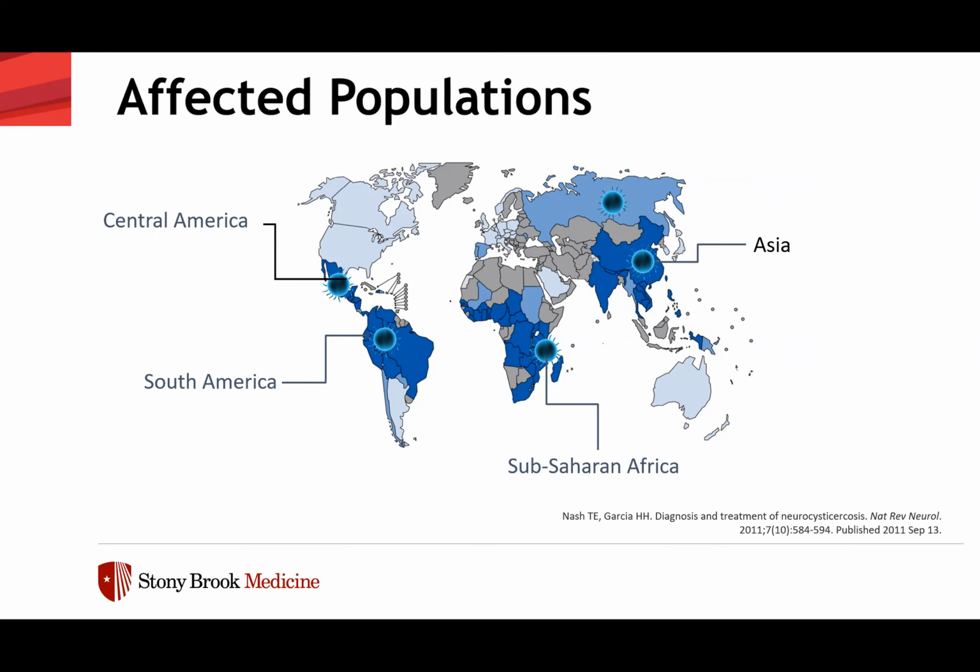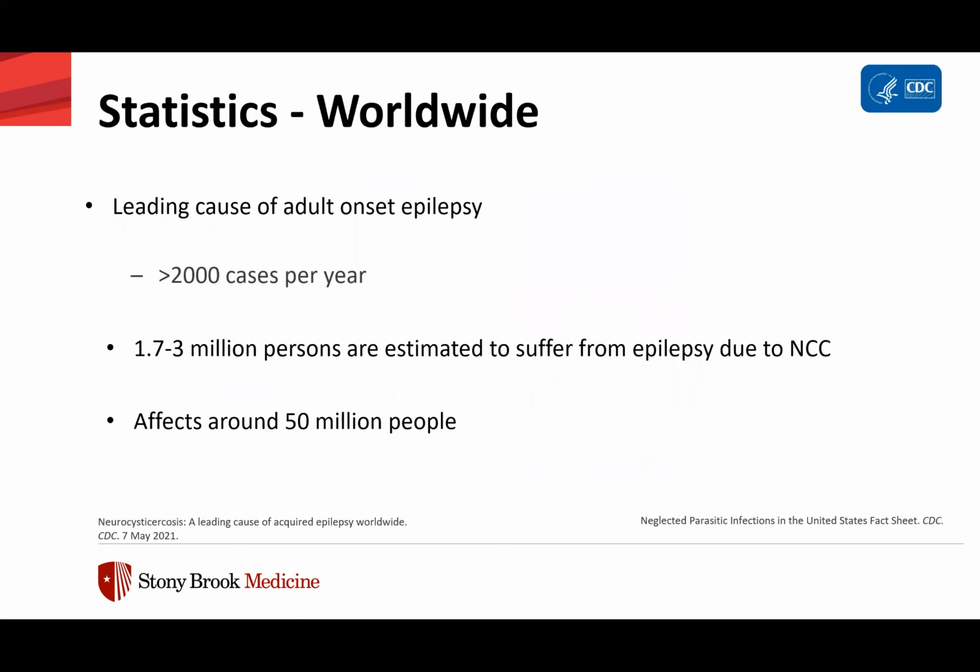In these endemic areas, about 30% of seizure cases can be linked to NCC. It's estimated worldwide by the CDC to be the leading cause of adult onset epilepsy. About 3 million persons are estimated to suffer from epilepsy due to NCC. Overall, they estimate NCC affecting 50 million people worldwide.